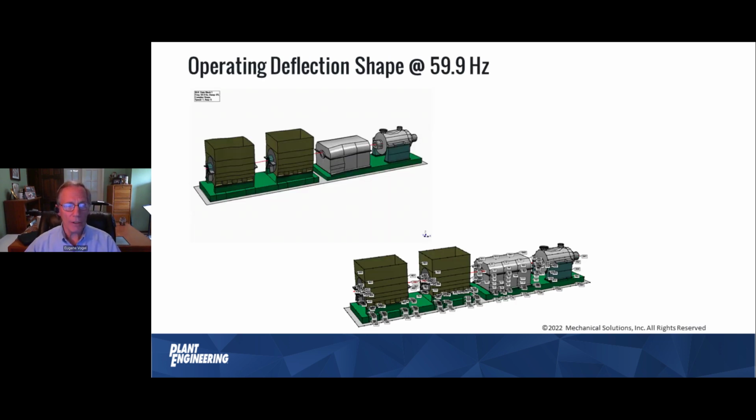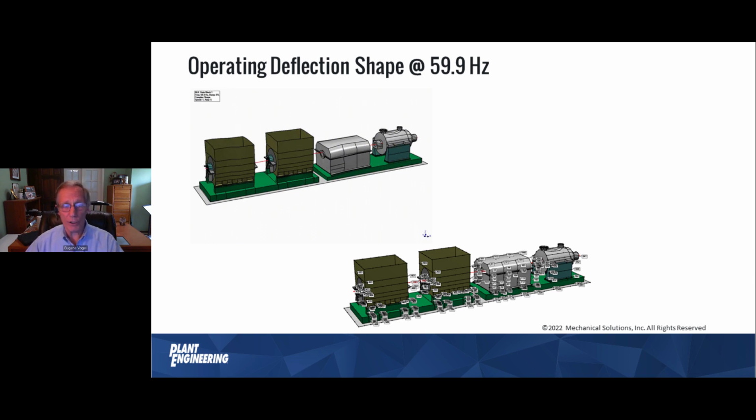So here's a machine. This is a fairly sophisticated piece of machinery. It's a compressor drivetrain. It's got two motors driving a gear case or a speed reducer, as the case may be, and then driving the compressor. And you can see that that second component from the right is doing quite a wobble there, and that was the subject of the problem, and they want to know what's going on.